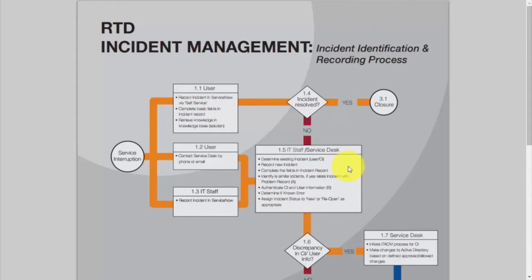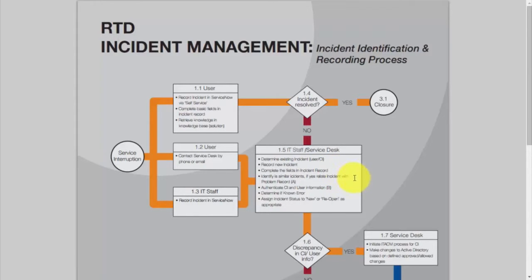So we see the first step is to determine whether this is an existing incident, either for the configuration item in question or based on the user. If it is, then we would simply be updating the existing incident. If it is not, then we would be recording a new incident, and upon doing so, completing the various fields in the incident record.